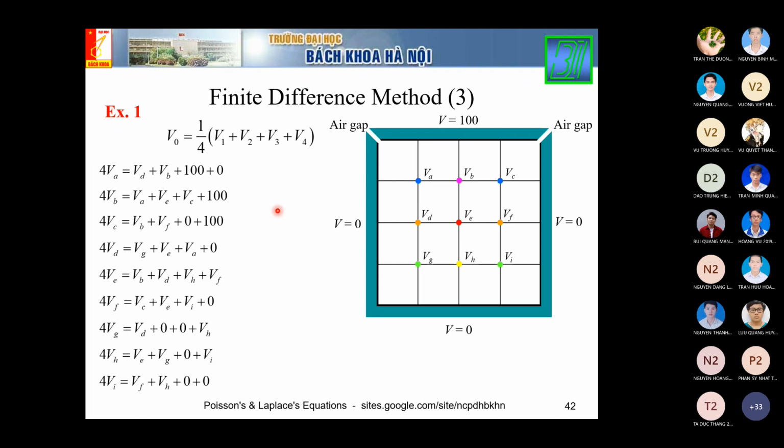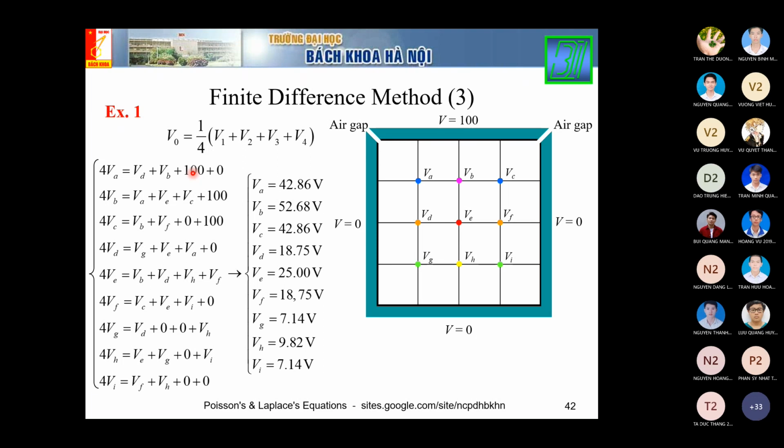So what do we do now? You see that finally we come to a set of 9 equations and 9 unknowns. Solving this, you can find a solution. Here you are. That's it.